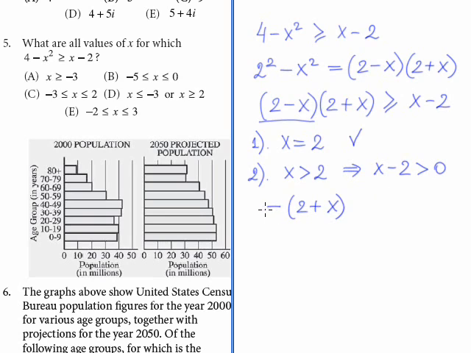So we will have minus (2 plus x) more or equal than 1. So from here we conclude that minus 2 minus x is more or equal to 1, and therefore x is less or equal to minus 3.